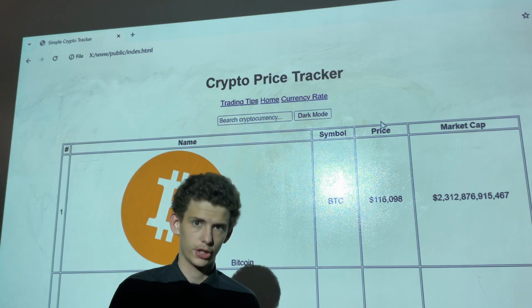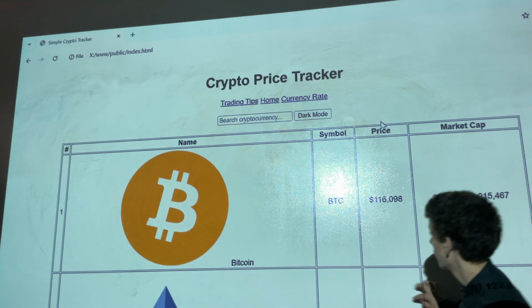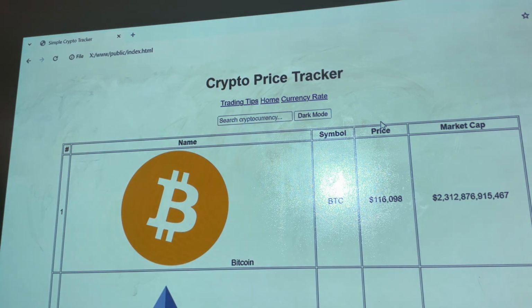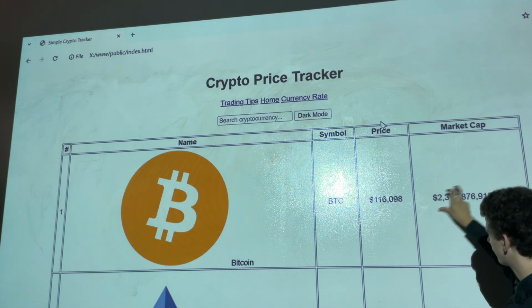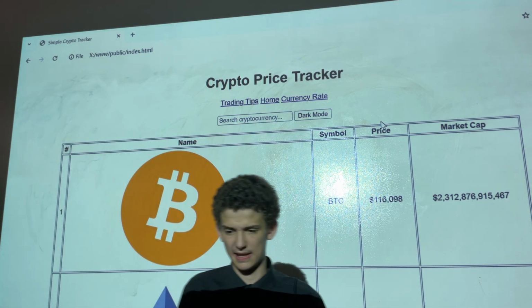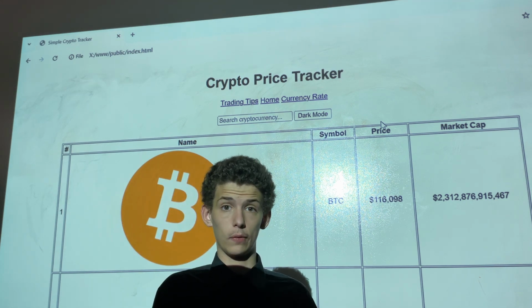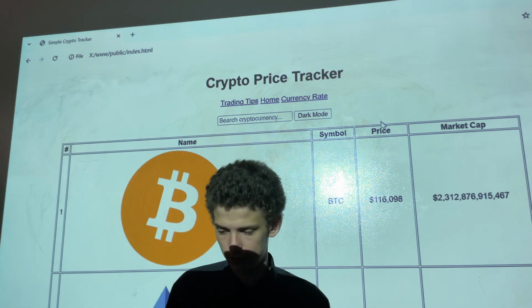Since Bitcoin is a limited amount, it has a high price, but it's because there's less and less, so the demand is higher. So it means a higher price can be set.